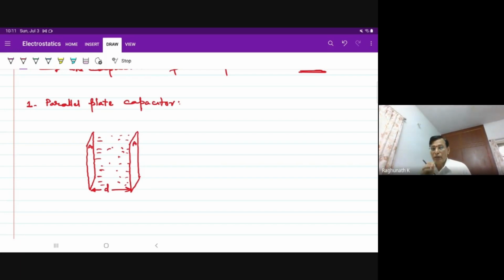Please check it. To determine the capacitance of this capacitor, we assume a charge of Q coulombs, plus Q on one plate and minus Q on the other plate.